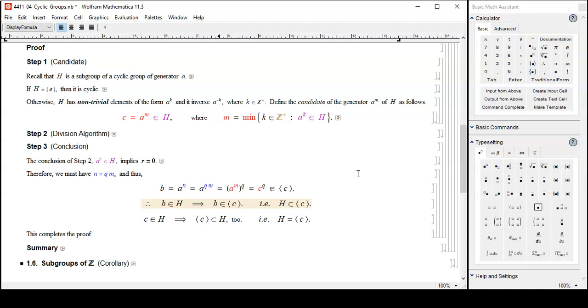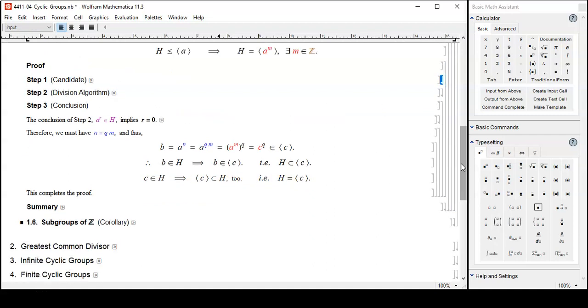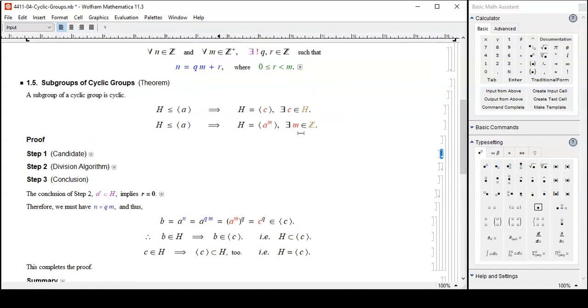But then again, C came from H as well, so actually we have the other inclusion as well. Consequently, they are the same. H is equal to the cyclic subgroup generated by C. Isn't that the very conclusion that we wanted to prove all along? Yes, indeed. That completes the proof.